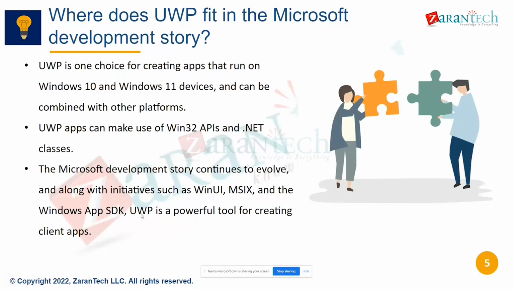With the UWP app you can build only WinUI and UWP. You can develop a UWP app that can be run on Windows 10, Windows 11 and all the future applications. But with the Windows App SDK, you can use Windows RT, Windows 10, Windows 11 APIs in your desktop app, sorry, in the WPF app and the WinForm app.